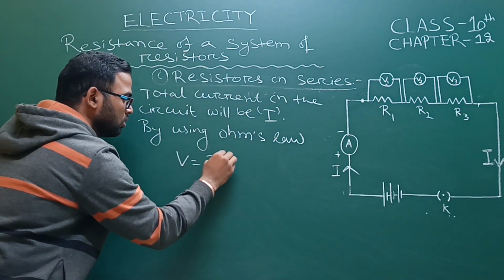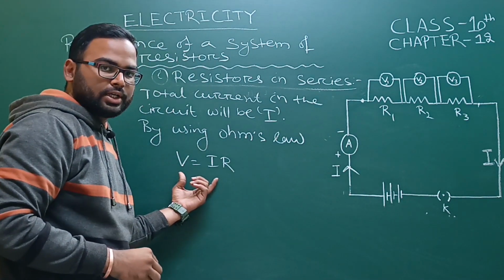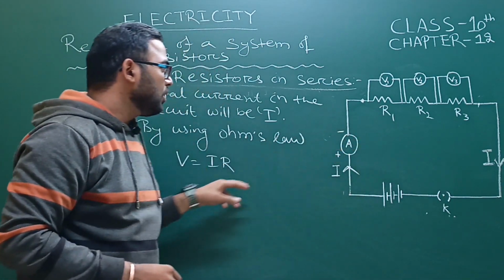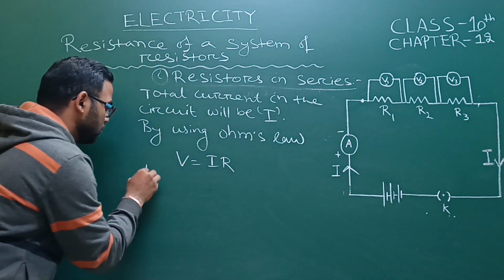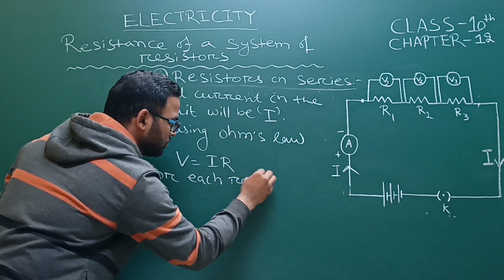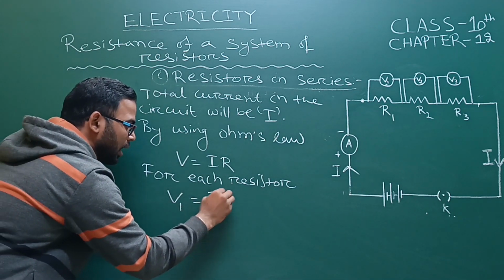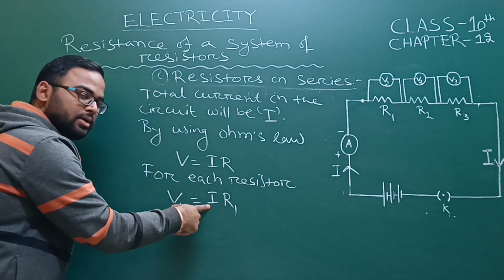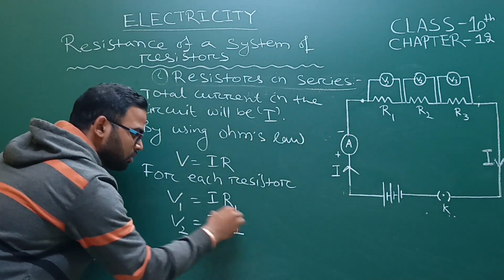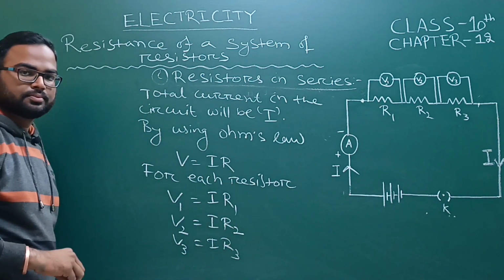V equal to IR. This is for total voltage. If I calculate V equal to IR for each resistor, V1 is equal to I R1 because the current in the circuit is the same. V2 will be I R2 and V3 will be I R3.